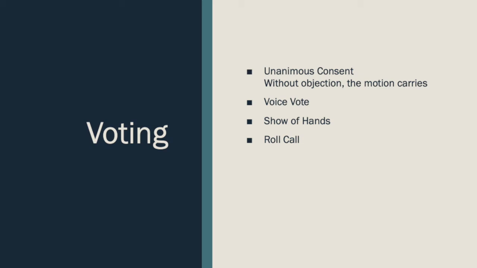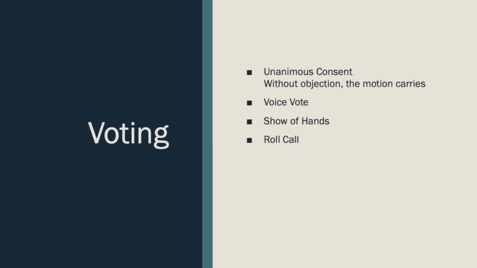So when it's time to vote on a motion, there are 4 different types of methods for voting. And the chair decides which type of voting procedure should happen based on what type of motion is being considered.